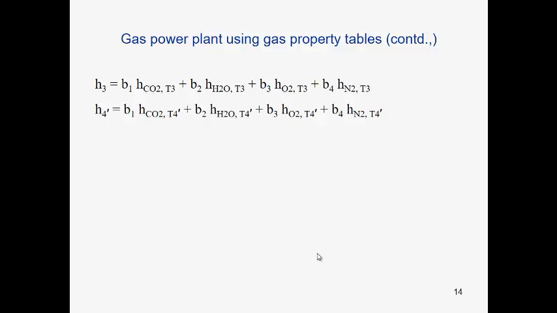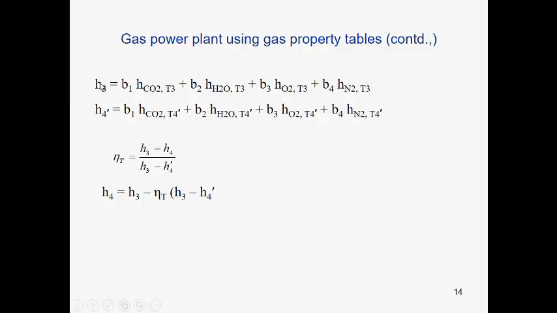But the temperature at the exit of the gas turbine is more than the temperature after isentropic expansion. So based on this, the isentropic efficiency of the gas turbine is defined as the ratio of actual enthalpy drop and isentropic enthalpy drop. Because the actual enthalpy drop is less than the isentropic enthalpy drop, which is the reverse of the air compressor.